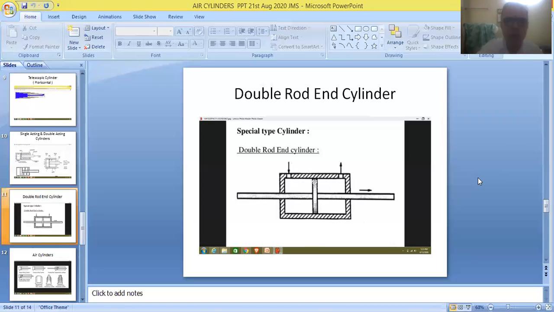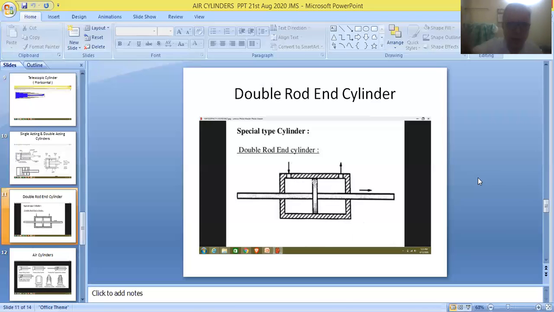And friends, we can see these two ports. This is the first port of this cylinder and the second port of this cylinder. So fluid will be acting on both sides of the piston. If the fluid is entering from the left side of the piston, it will be leaving from the right side of the piston as shown in the figure. That is used for performing the forward stroke of the piston.